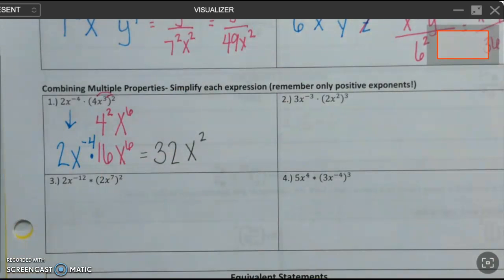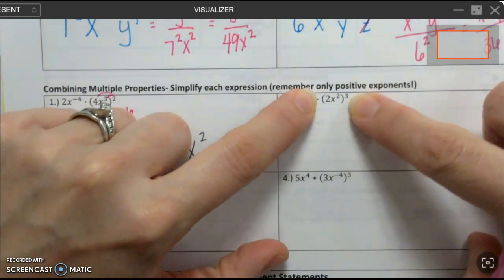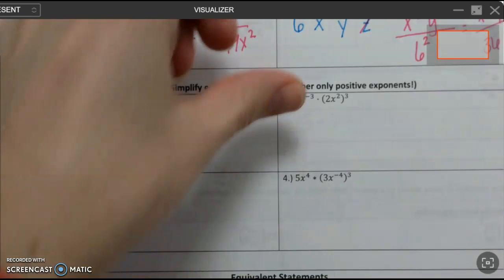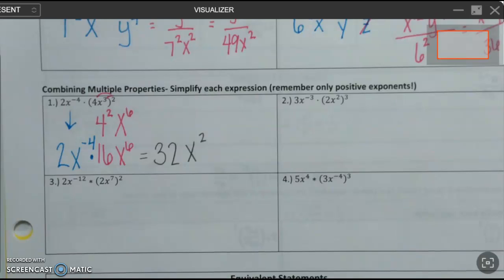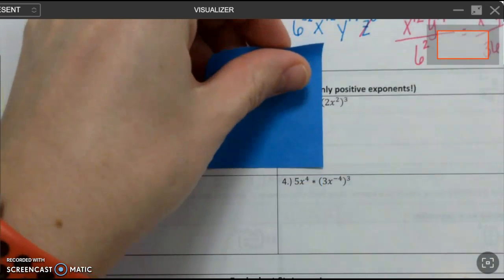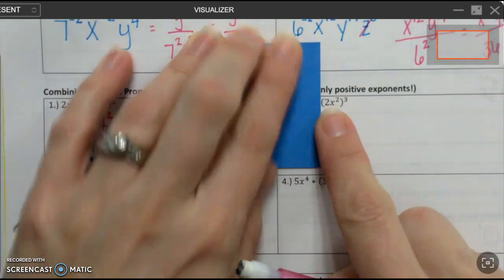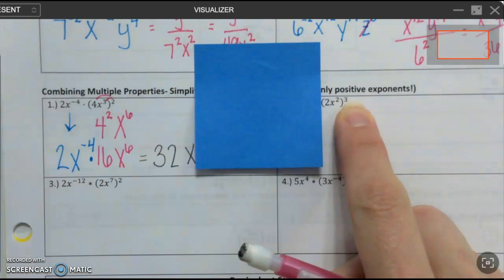Okay, let's practice that again. We're going to do the exponent first that's outside this parentheses. So same kind of a thing. I'll go ahead and cover this part up with my finger. You can grab a sticky note and cover it up with a sticky note and not worry about that until I'm done with this power to a power.